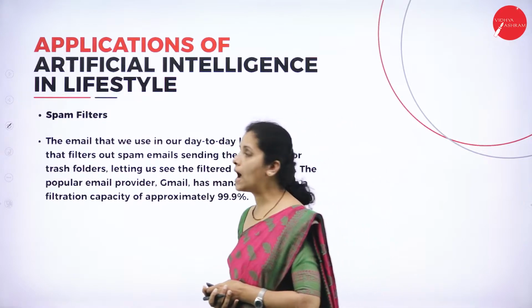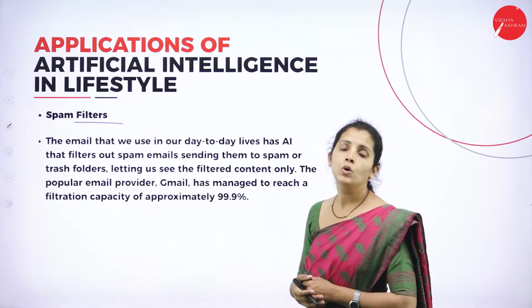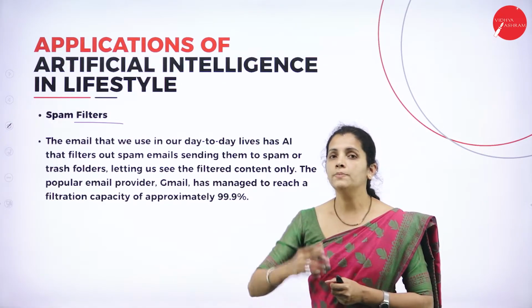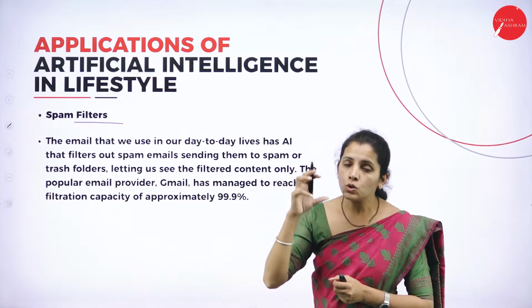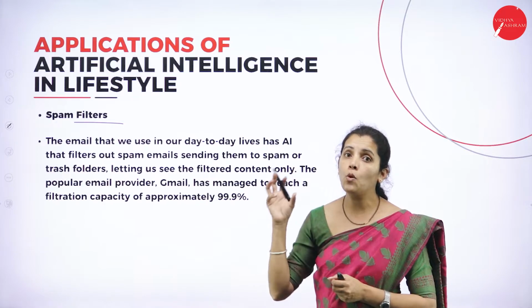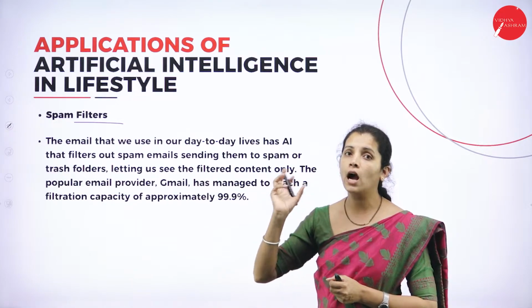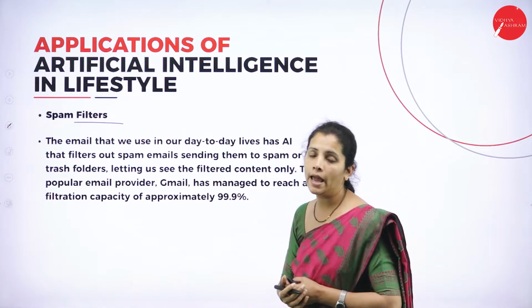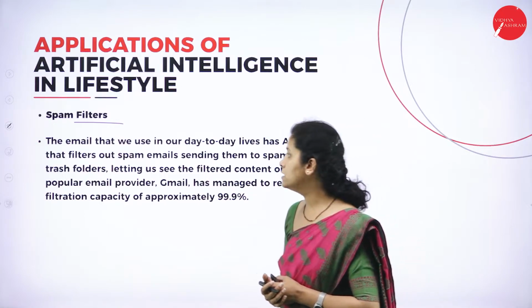Now I'm going to talk about the spam filter. In our email account, we have spam. So what is spam here? It is mainly used to contain or store all the unwanted mails. And by using AI, I can use spam filters.